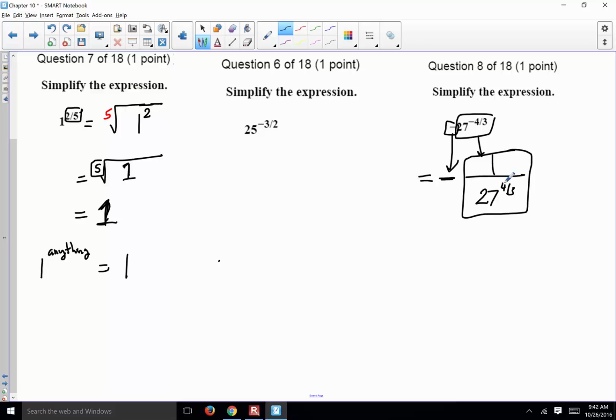Next, let's convert into a prison cell. Because a rational exponent means it's a radical with 27 inside, 4 on top, 3 outside.